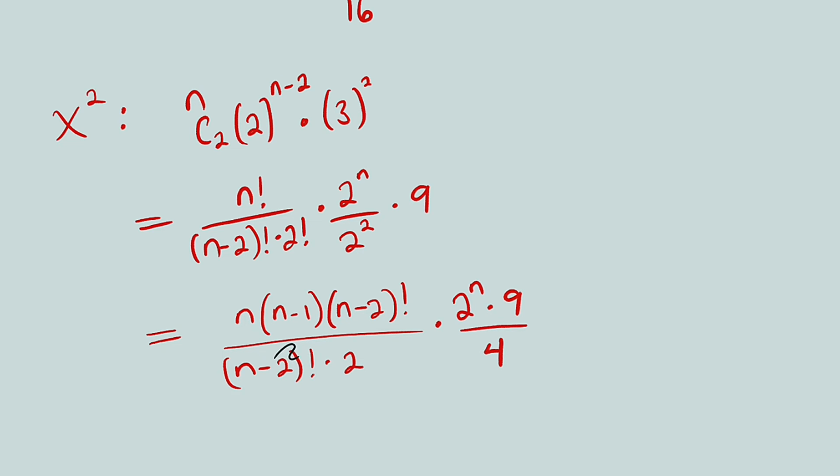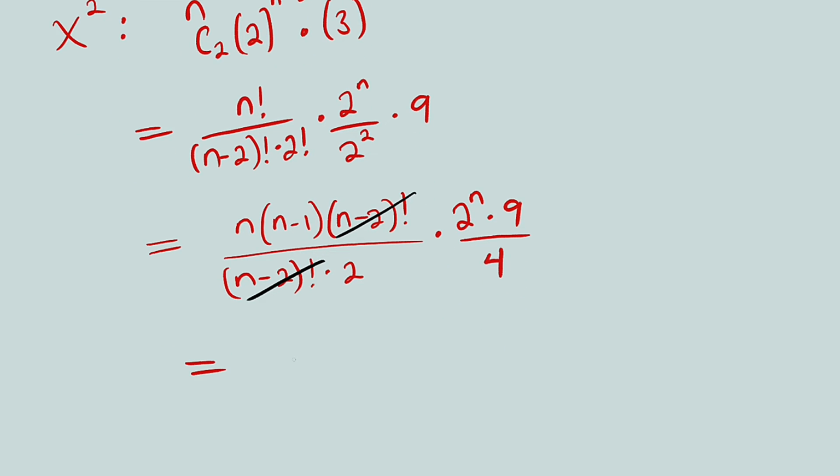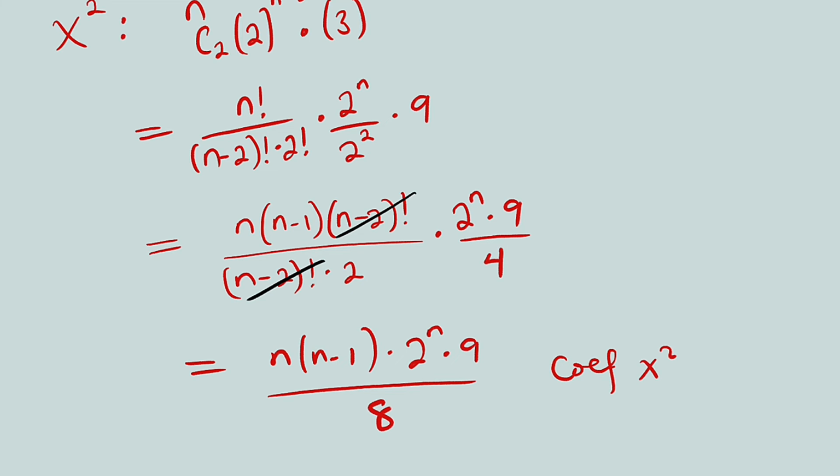So let me just cancel this. This is equal to n multiplied by (n minus 1) multiplied by 2 to the power of n multiplied by 9, divided by 2 times 4, which is 8. I can stop here. This is just the coefficient of x squared.